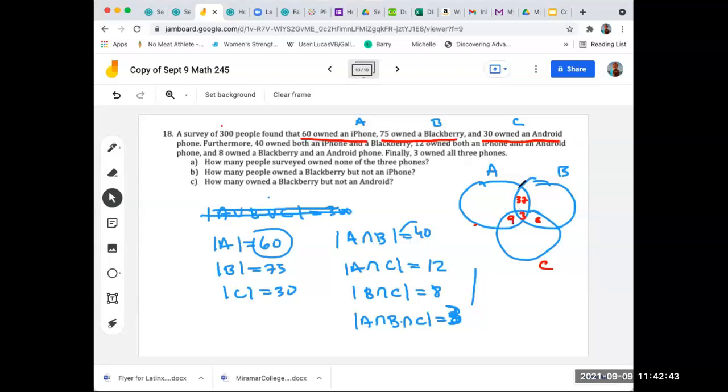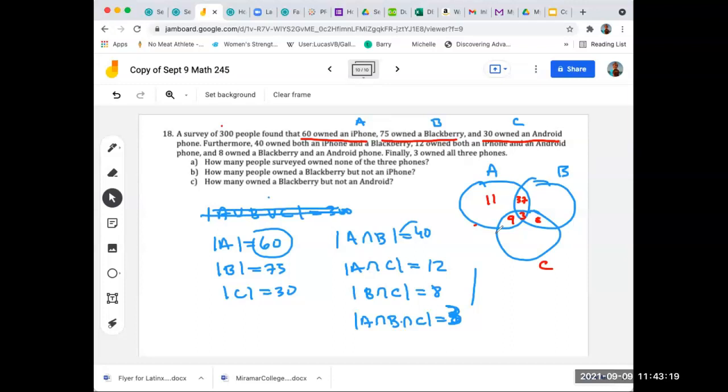All right, so out of the 60, if I subtract all these, 60 minus 37 minus 3 minus 9, only 11 of them just have an iPhone. The other of the 60 will also have another one. They'll have 2 different phones. No, the 11 will just have the iPhone.